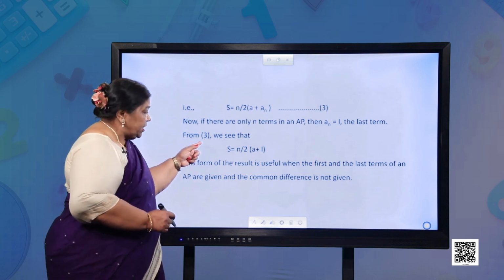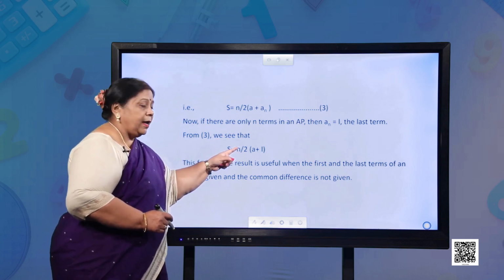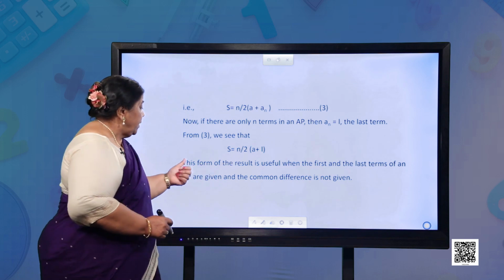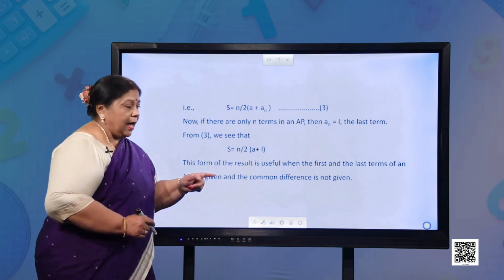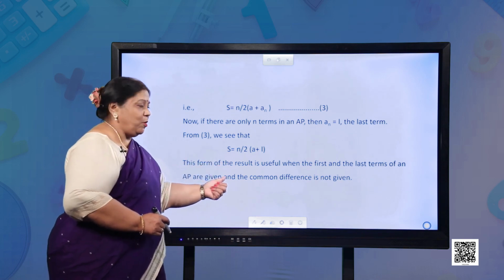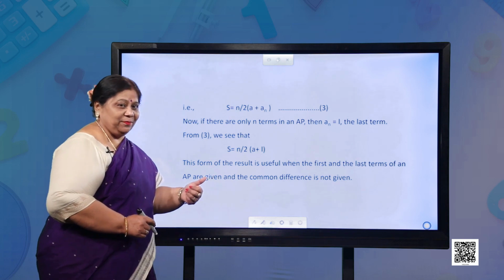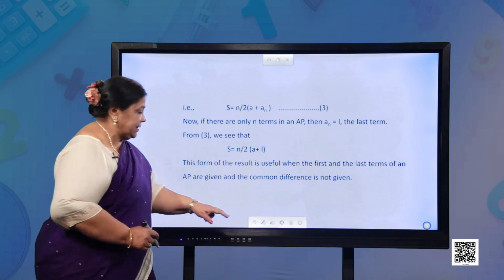From equation 3, we see that S is equal to n upon 2 into (a plus l). This form of the result is useful when the first term and the last term of an AP are given and the common difference is not given. So, let us make use of these and solve some of the questions.